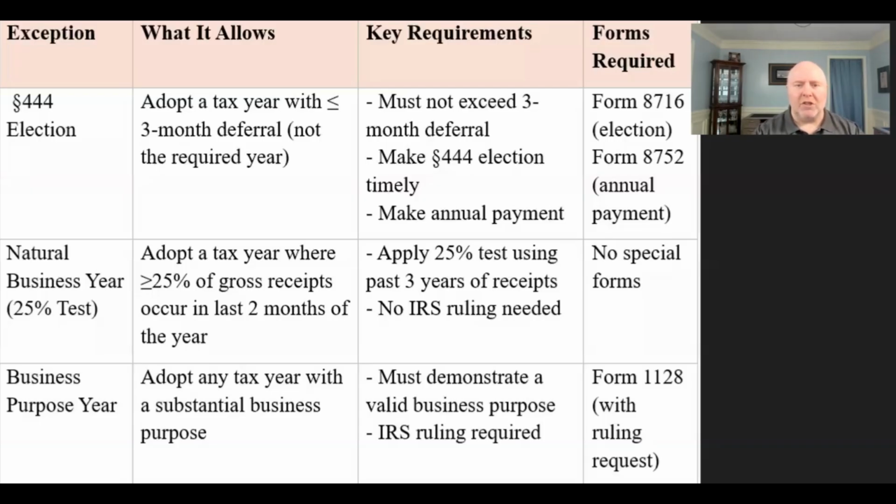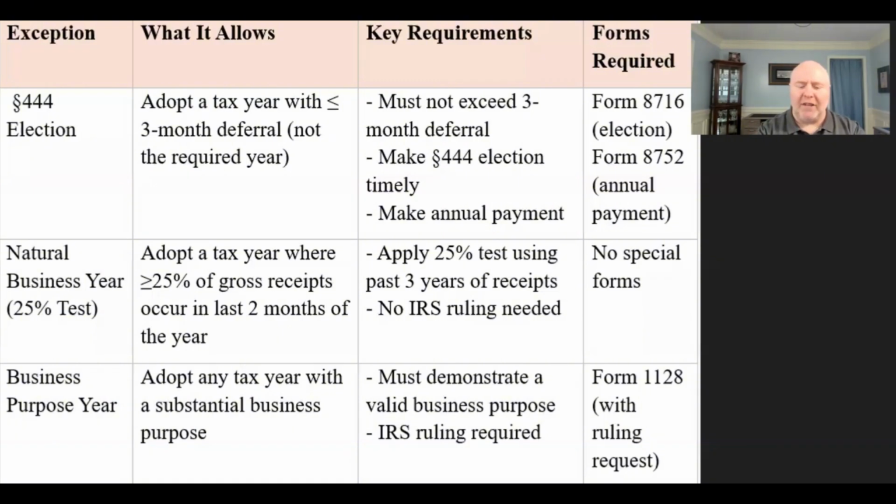So we want to make sure that you're not using this as a strategic mechanism in order to defer gain recognition. So we're going to have you make this payment and we're going to hold that payment and we're going to capitalize on the time value of money and we'll eventually pay this back to you in the future.